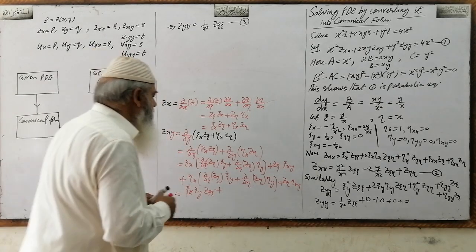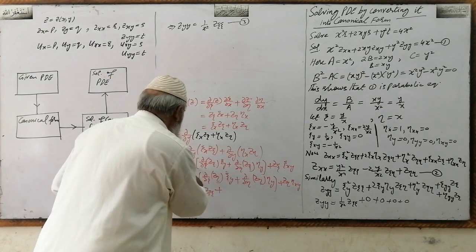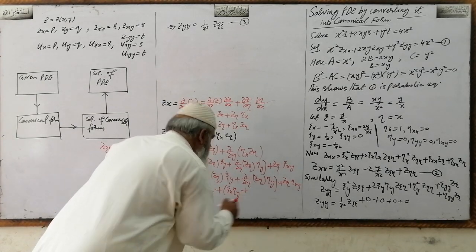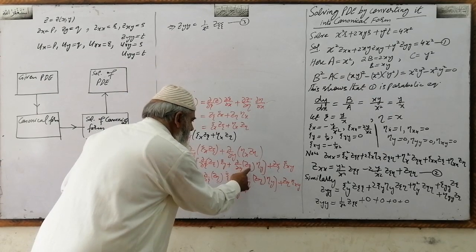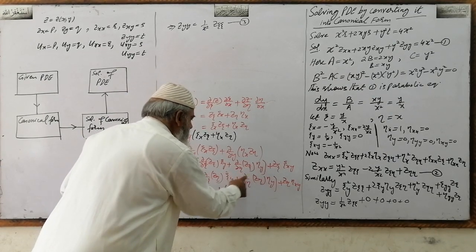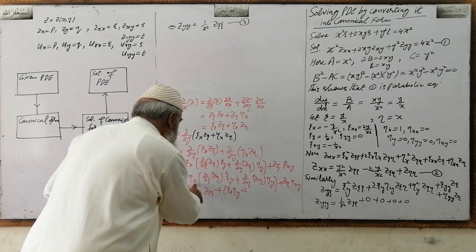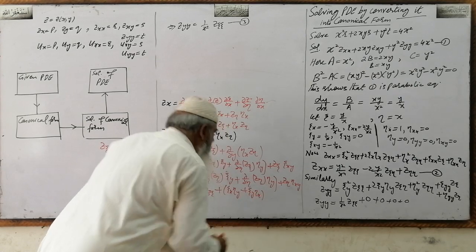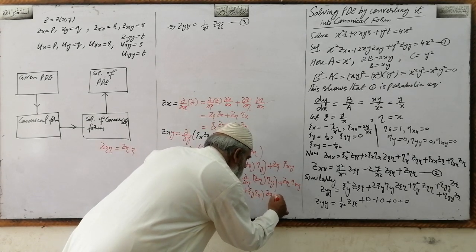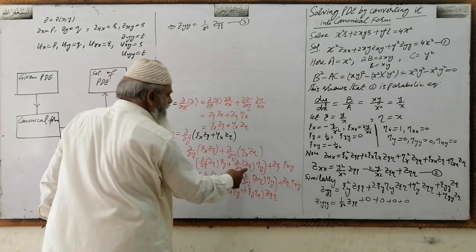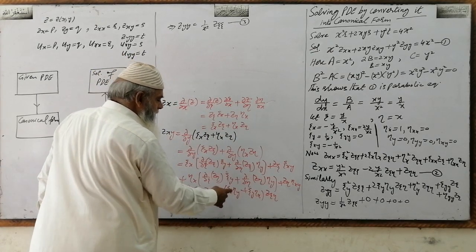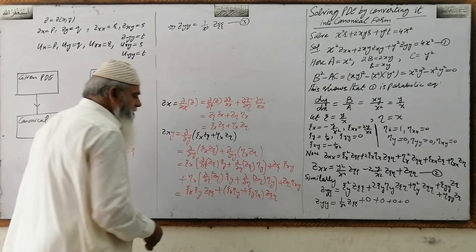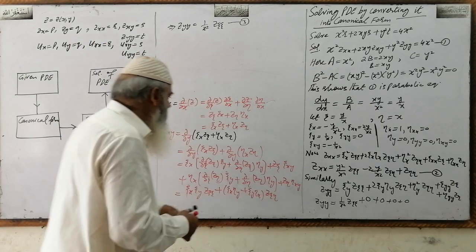This will give you ξx ηy plus ξx ηy, and here we have ξy ηx plus ξy ηx, and take the common zξη. From here we get zξη, and from here we get zηξ, but those two are considered the same, therefore we will have this thing.